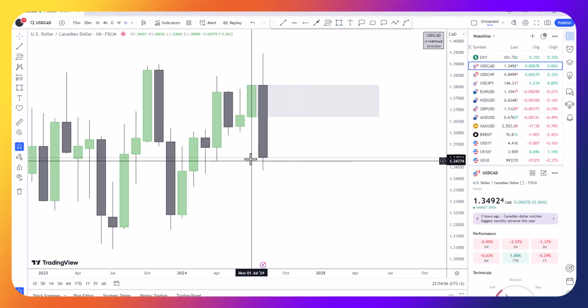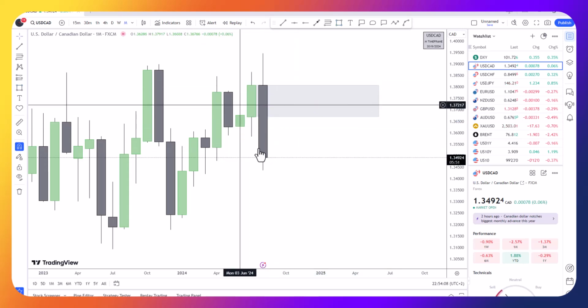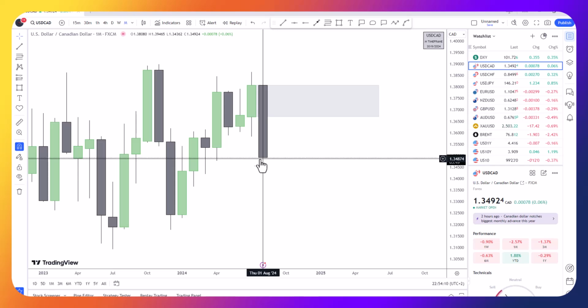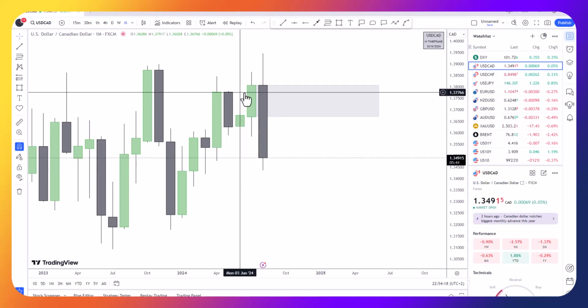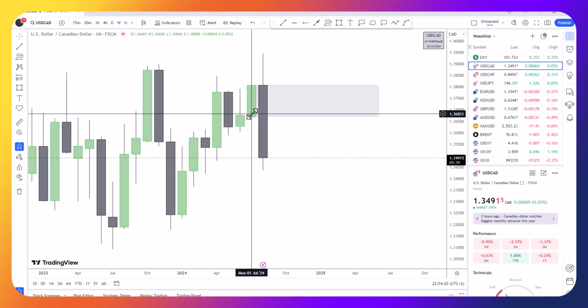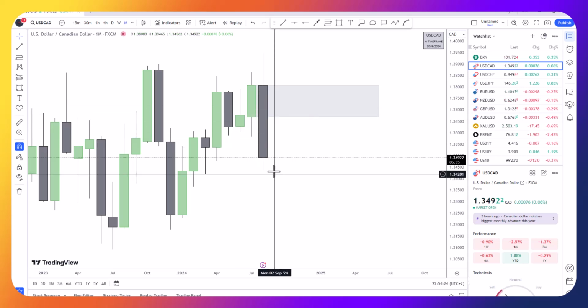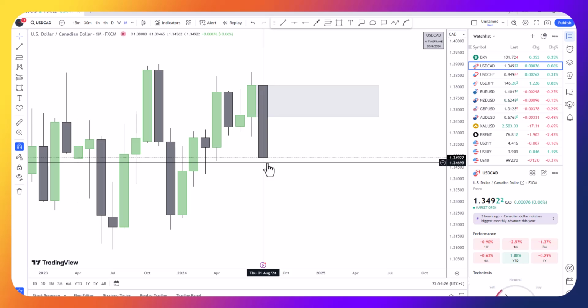Once August closes, then this will be your high probability. Let's say August closes where it is right now, that will be a what? A high probability bearish order block.